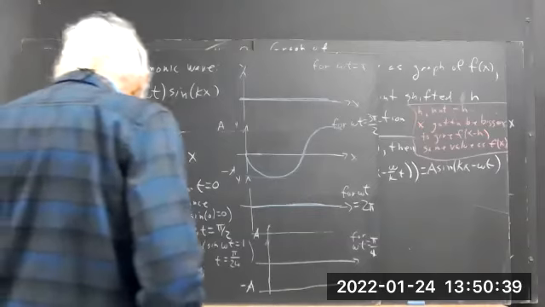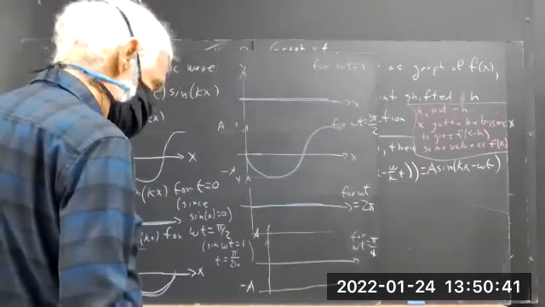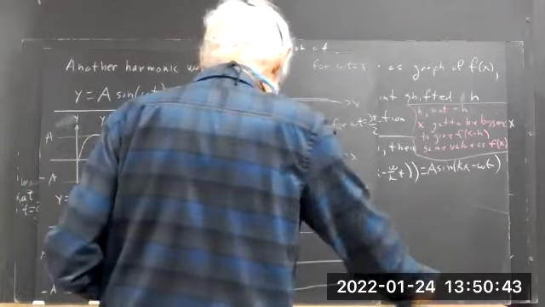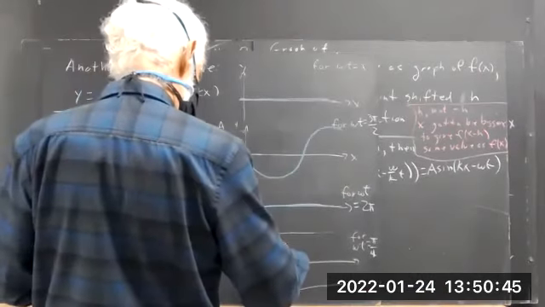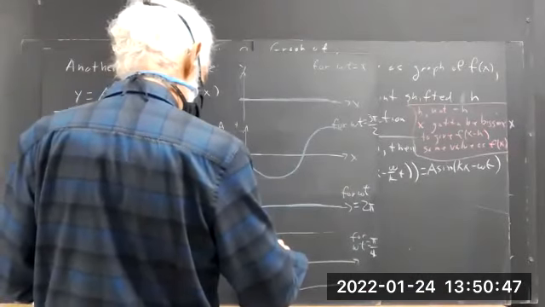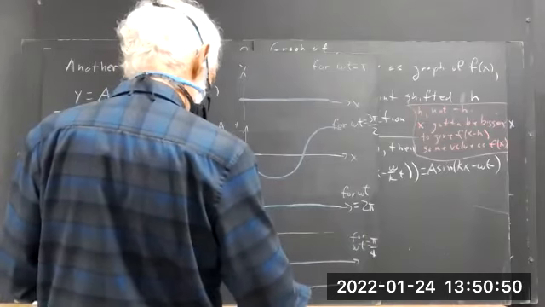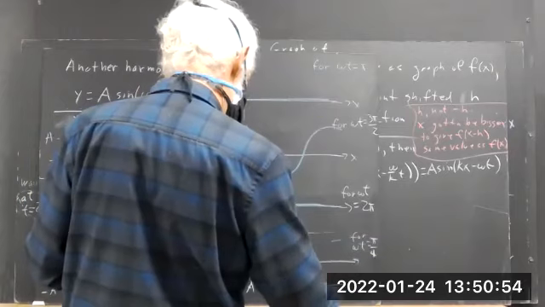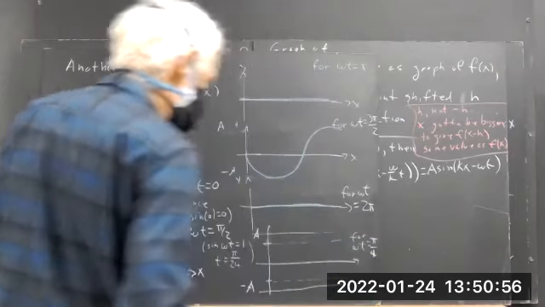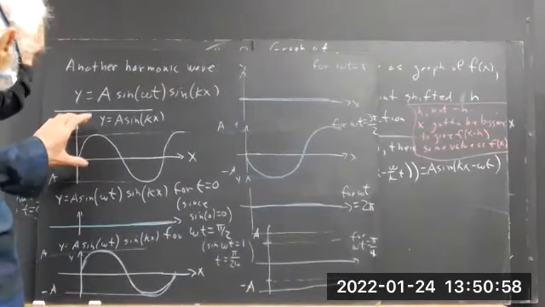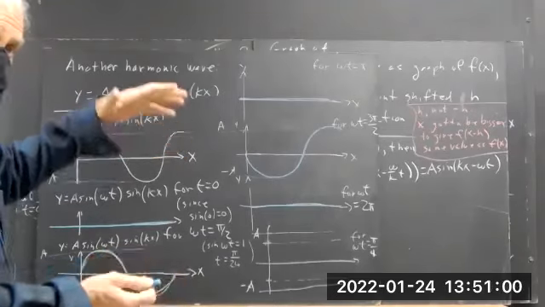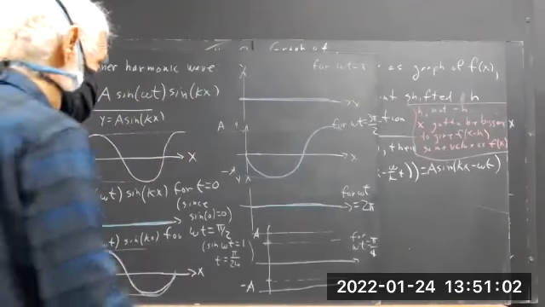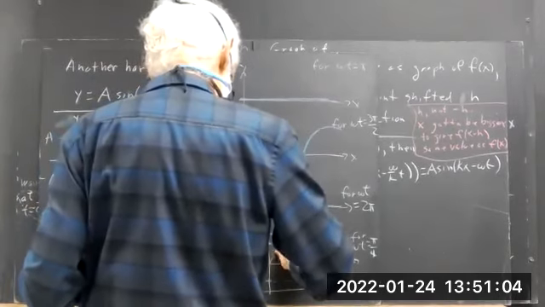So the graph is going to look like this, and go between here and here. Okay, so all the y values are going to be pressed down a little bit.